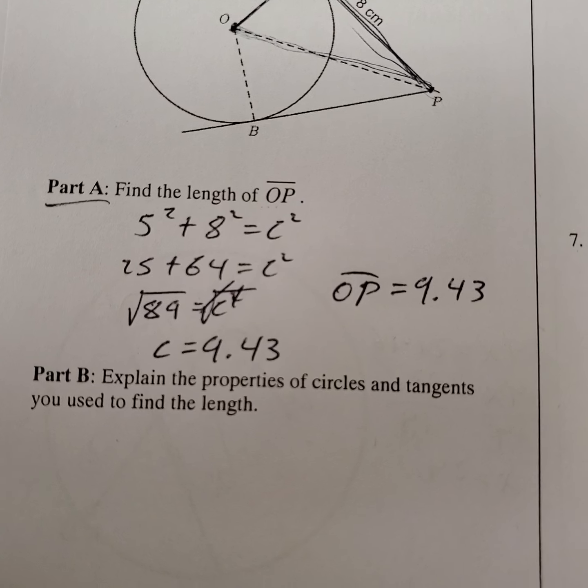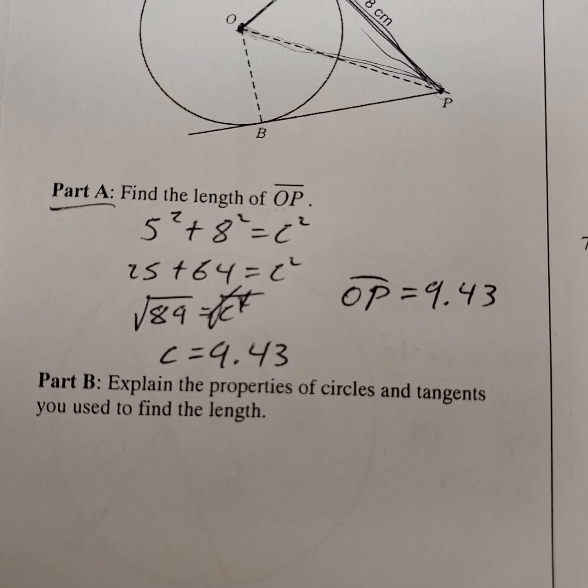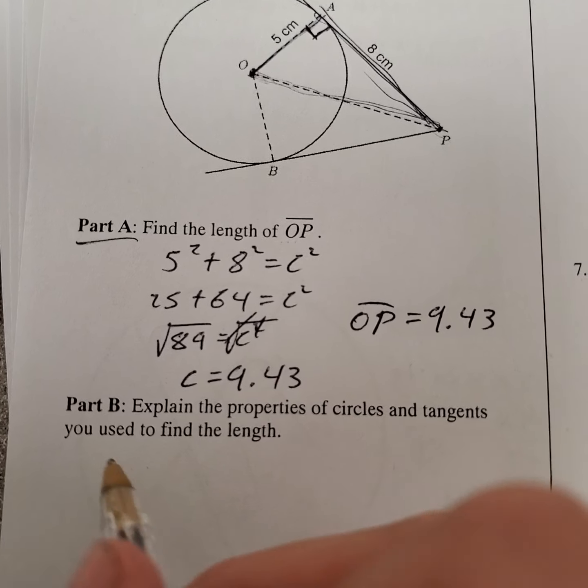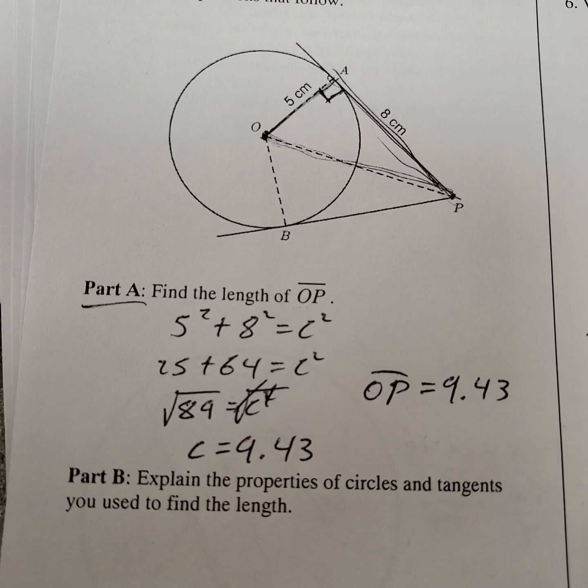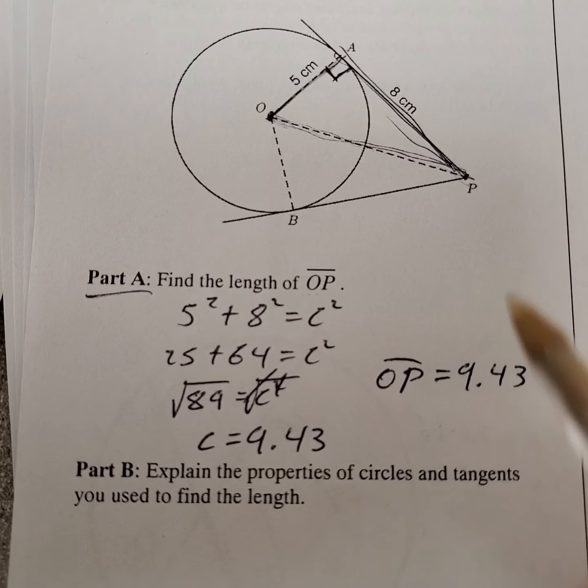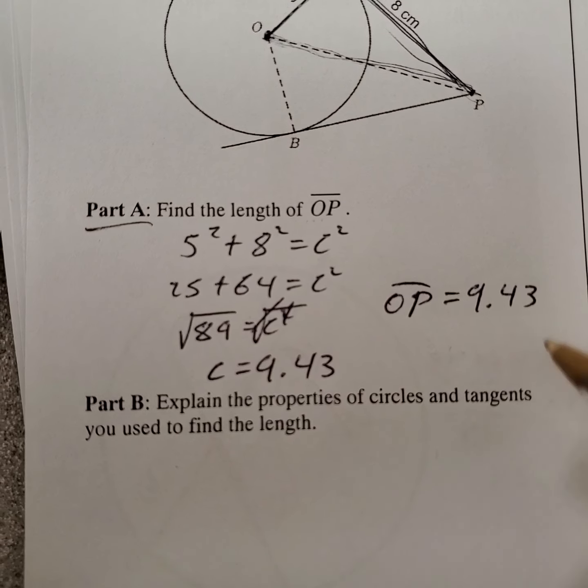Explain the properties of circles and tangents you use to find the length. Well, again, I know that where the tangent and the radius meet, they form a right angle, making a right triangle. Therefore, I can use the Pythagorean theorem.